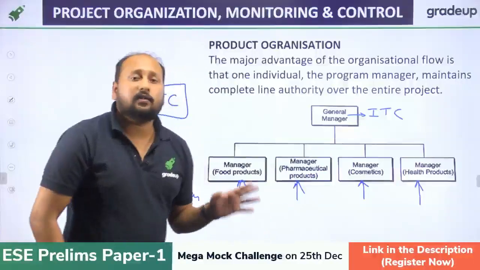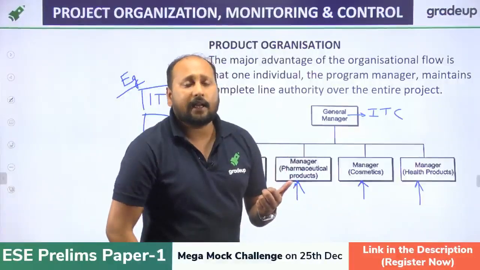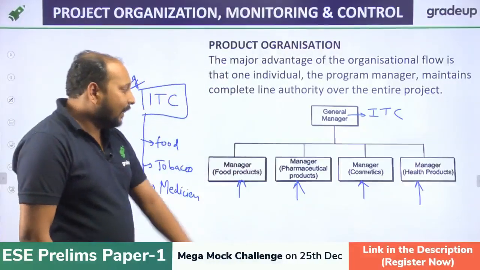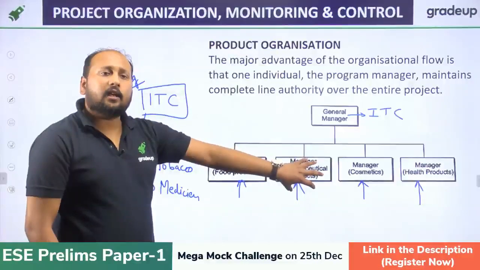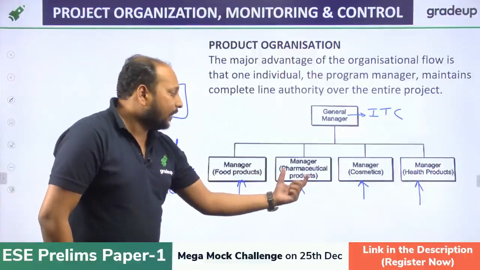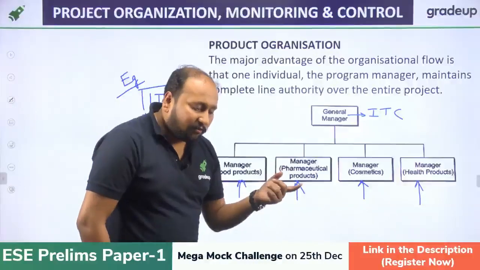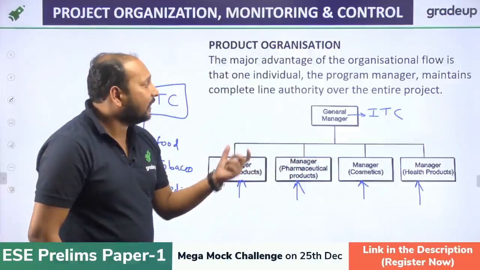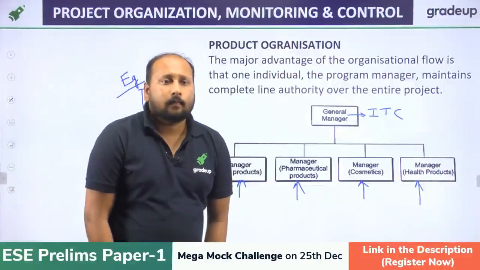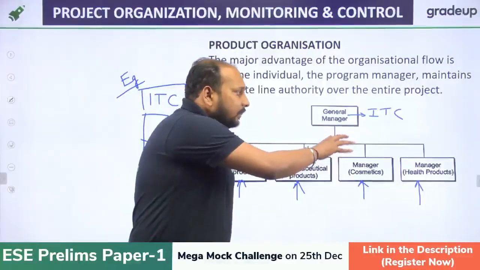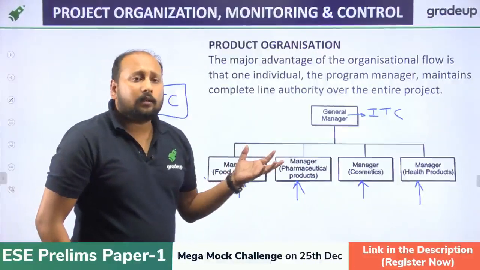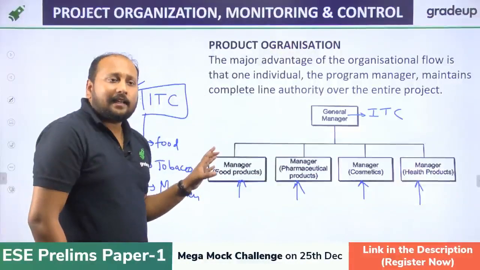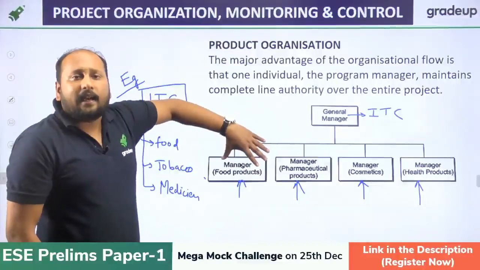The main advantage is, for example, if you have quality checks or any delay in work in progress in pharmaceutical products, this manager will directly take care of all the decisions coming under pharmaceutical products. So tracking of product-based difficulties is much easier in this type of organization. Clear? For example, if in ITC we have product quality issues in food, we go directly to the manager of the food products.